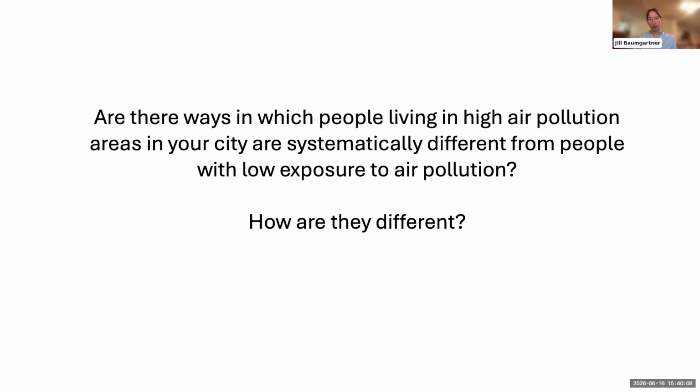And I'll give you a little bit of a chance to comment on that. And how are they different, right? So how are people that are generally exposed to high levels of air pollution different? So socioeconomic status is one example. And I'll give you a little bit of time to write your responses into the chat. So work activities, any other existing health conditions.